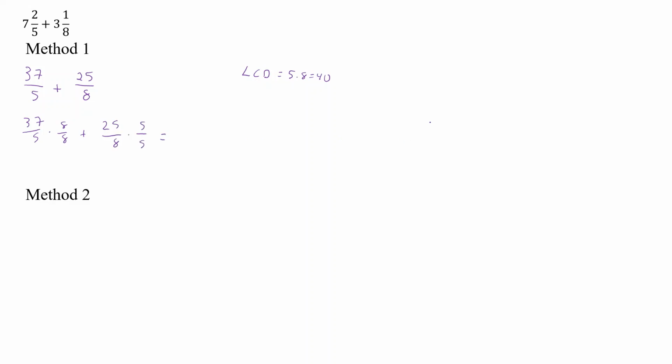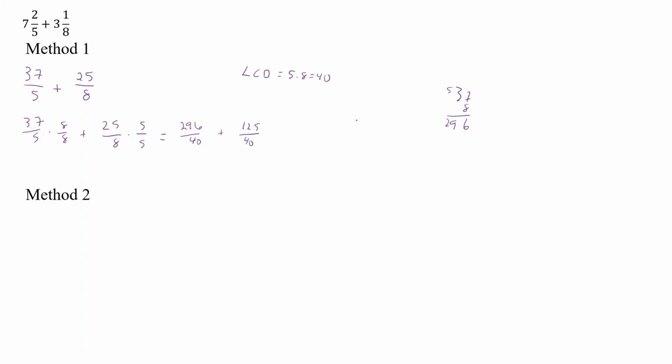So if we do that, let's first take 37 times 8, so it's going to be 296, and so we'll have 296 over 40 plus, and 5 times 25 is going to be 125 over 40.